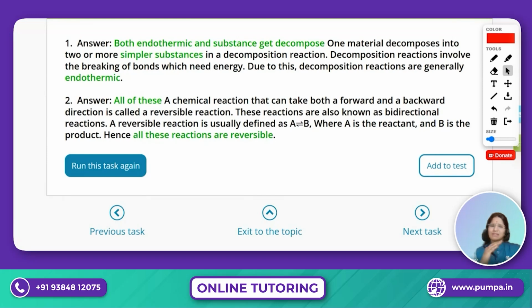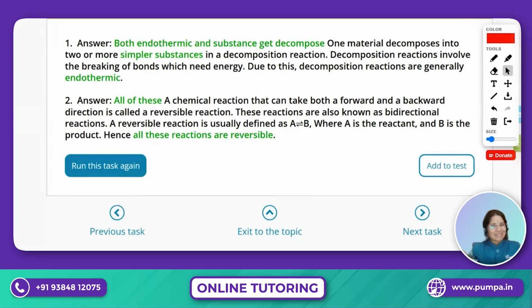The opposite is exothermic. Exo means outside, thermic means thermal energy. So when the reaction happens and pushes out some heat energy, you call it exothermic. Now, why is a decomposition reaction endothermic? Breaking of bonds is involved, right? So how can breaking of bonds happen? Definitely we need some external force to break the bonds.